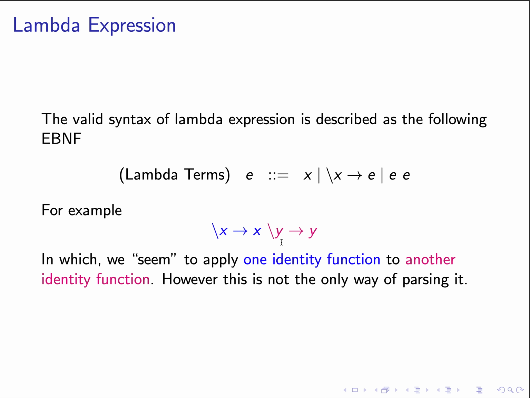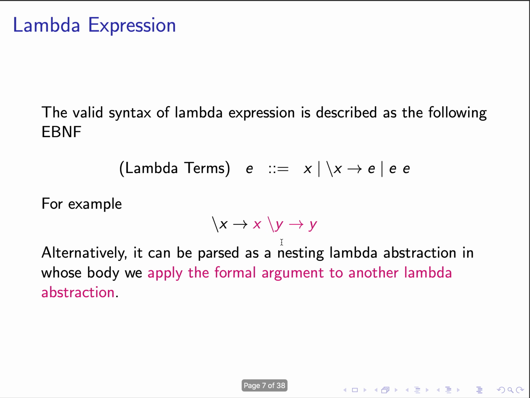There is another way of parsing: the whole term itself is just one lambda abstraction, where x is the formal argument of this entire lambda abstraction, and whose body is to apply x to another lambda term, backslash y right arrow y, as its actual argument, and this application becomes the body of the outer lambda abstraction. So this is a second way of parsing the same syntax.